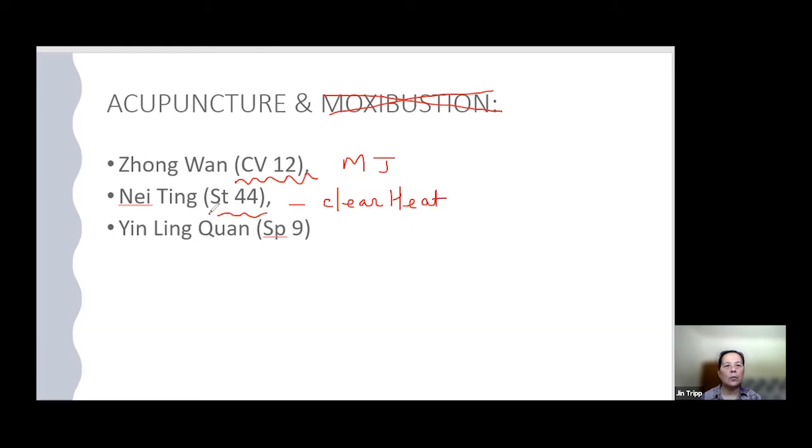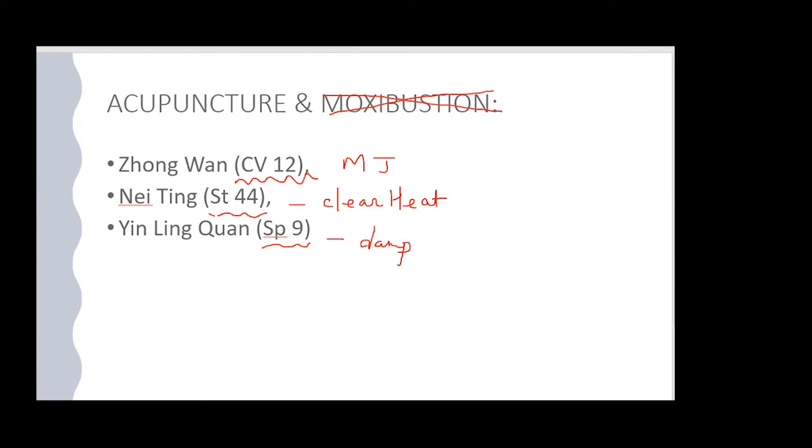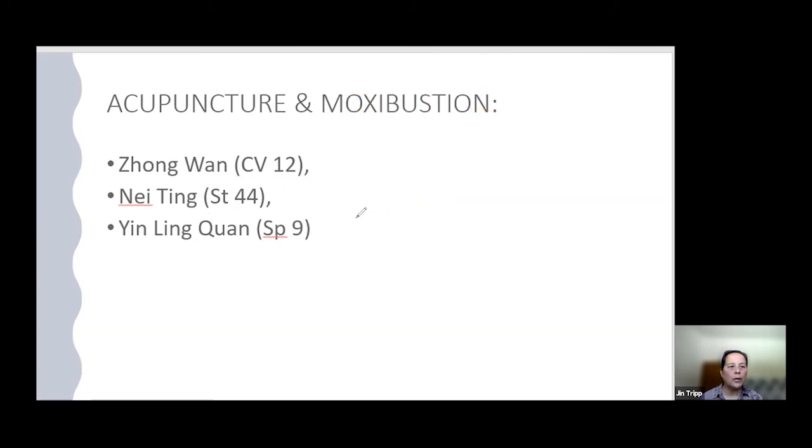So we go to the stomach channel, these two points, to clear. And Spleen 9. Spleen 9 removes dampness. So that's the combination we use together. So that's the acupuncture treatment for this pattern.